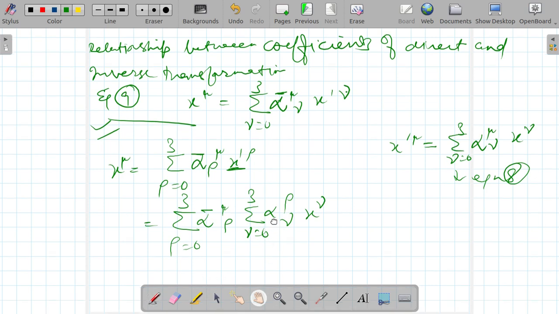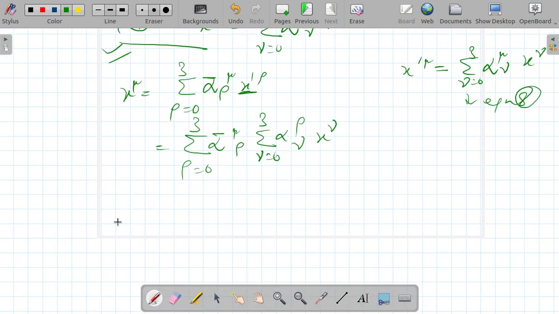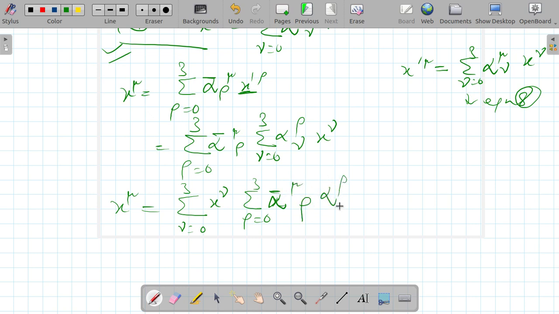So that means x mu must be equal to the sum over nu from 0 to 3 of x nu, and the sum over rho from 0 to 3 of alpha bar mu rho and alpha rho nu.